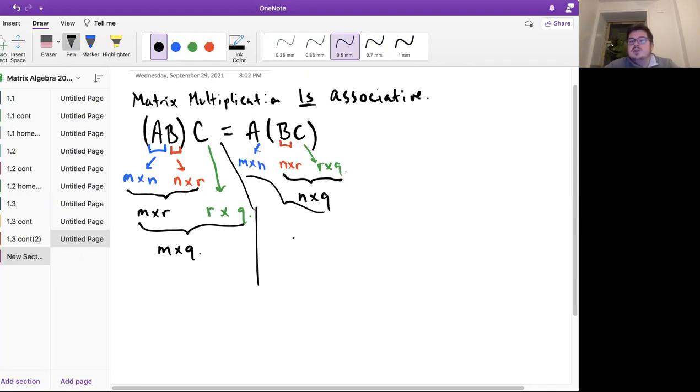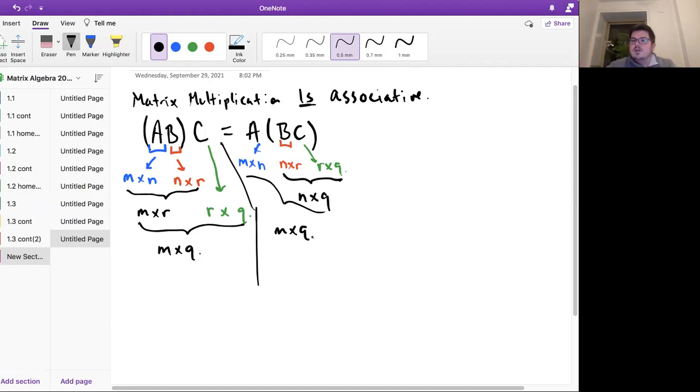The Q doesn't matter, but the R matters. That's why I picked it. Q is just some random number, but R is the important one. So the product of A times BC would be M by Q.